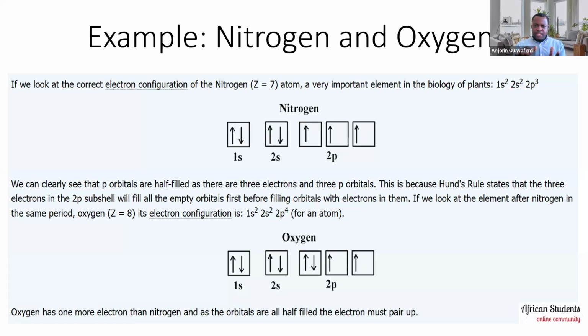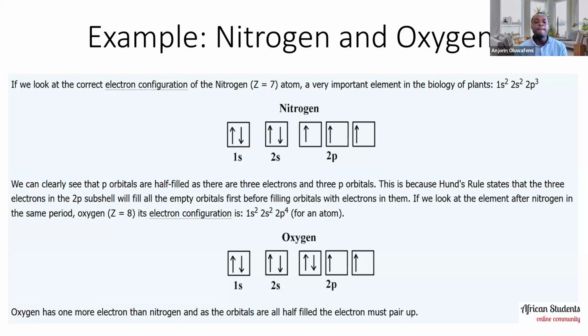Initially, we filled everything up, but then we were left with 1. We can now bring it into the 2px orbital, and then you have one spinning up and the other one spinning down. But the 2py and the 2pz will still have just one electron in them.